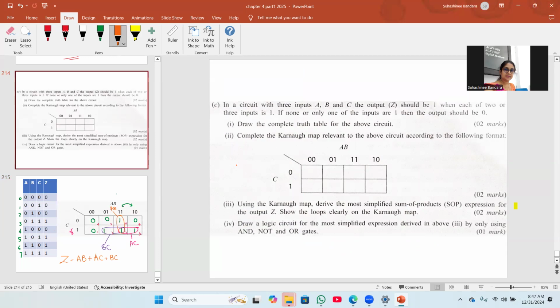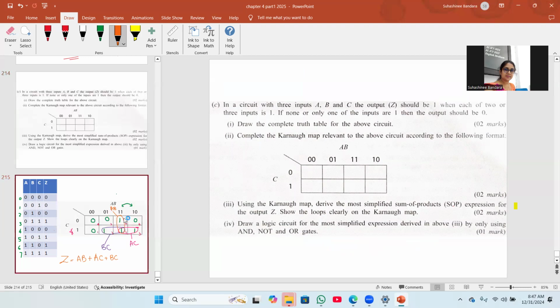They are asking, using the K-map, derive the more simplified form of the SOP expression for the output Z. Show the loops clearly. What does that mean? You have to write for which loop you got this output on the K-map.